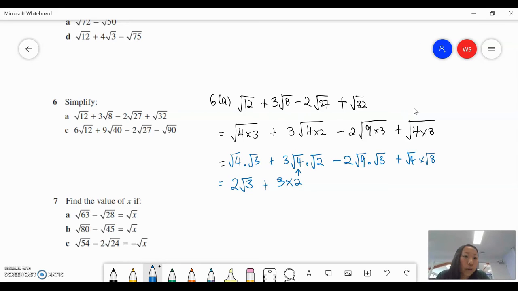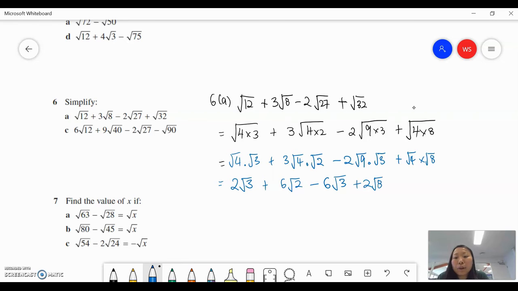Because your 2 comes from square root of 4. So therefore, in actual fact, this will become just 6. Okay, so 6 groups of square root of 2 minus, we have 2 times square root of 9 will give us 3. So 2 times 3 giving us 6 square root of 3 plus 2 square root of 8.